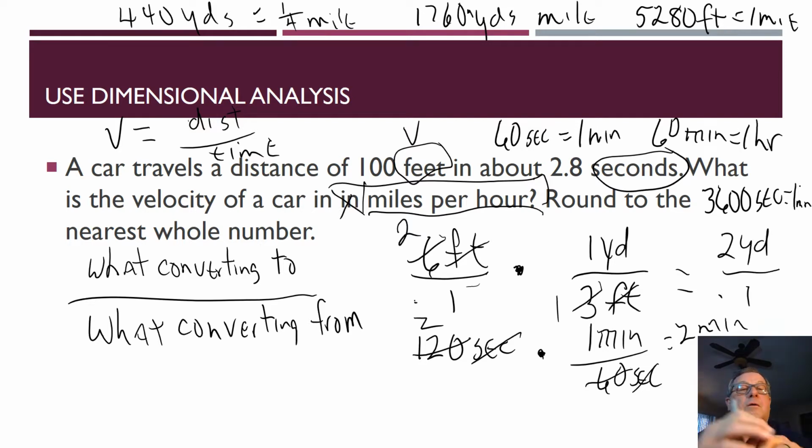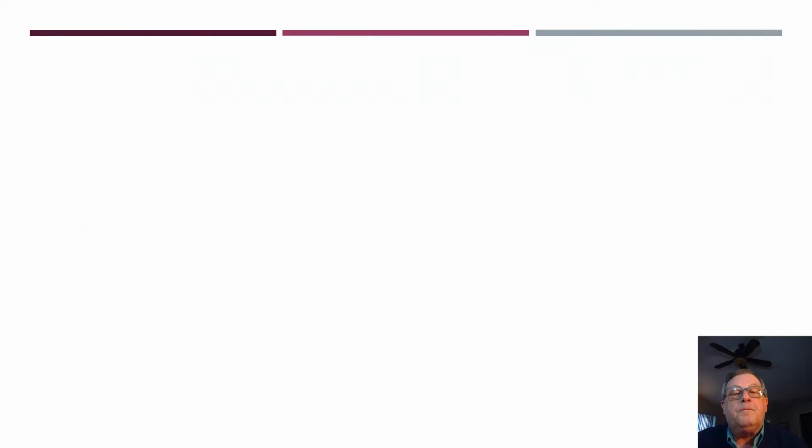And we're going to go to the next slide, and we're going to set this up and do the computation. We're going to convert 100 feet in 2.8 seconds to miles per hour.